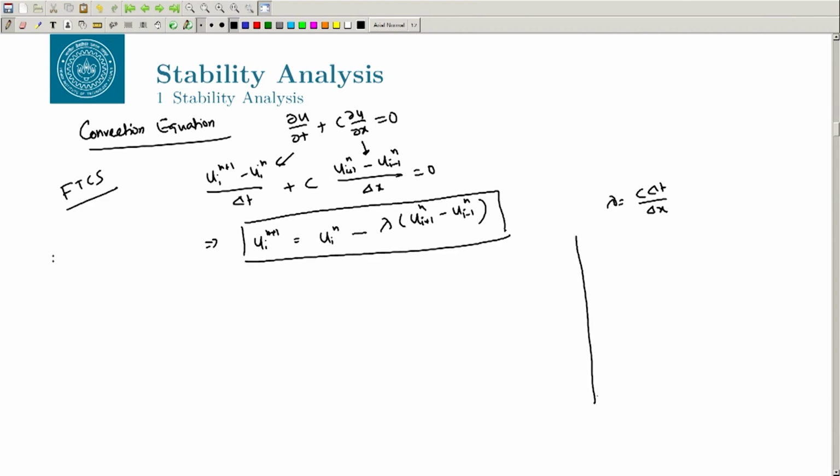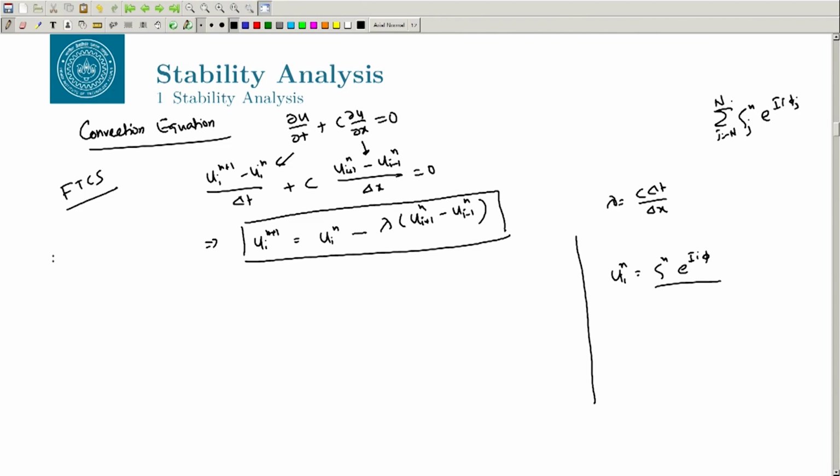Again go back to our Fourier series. So, you have u i n equal to g to the power n and e to the power i phi, right. So, remember as we have discussed, this should actually be sigma over j of g to the power n e to the power i phi j, j equal to minus n to n, right.